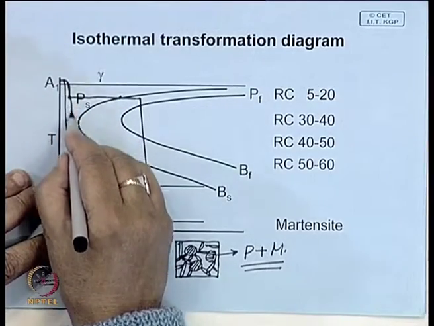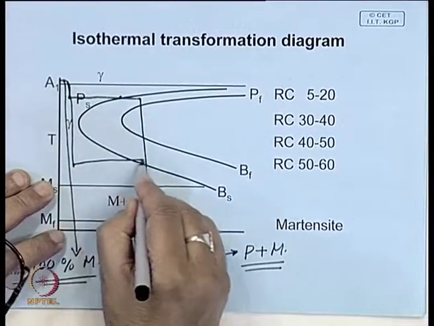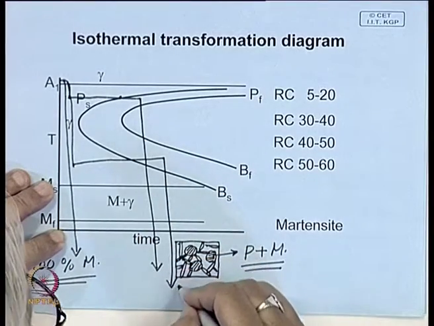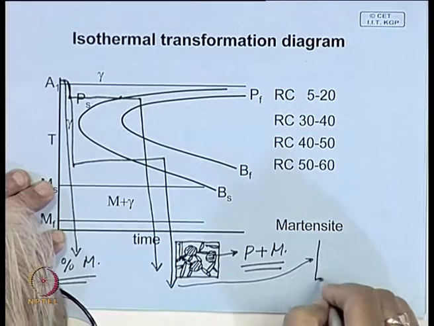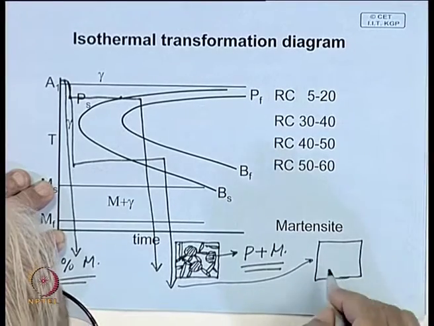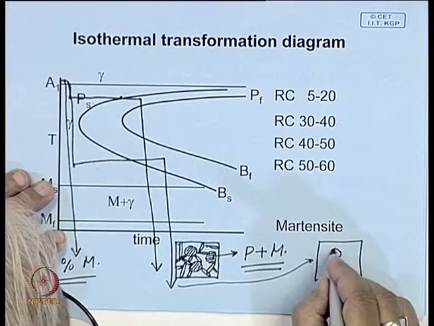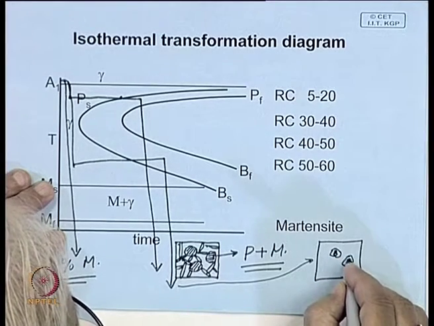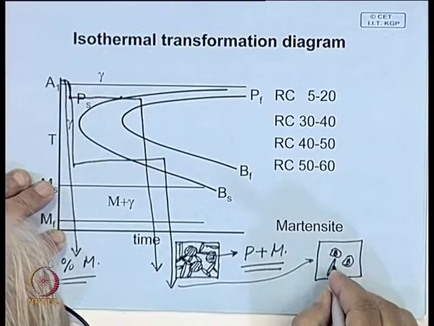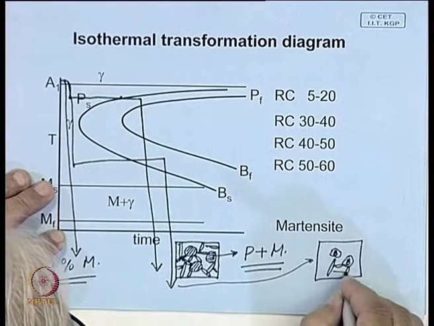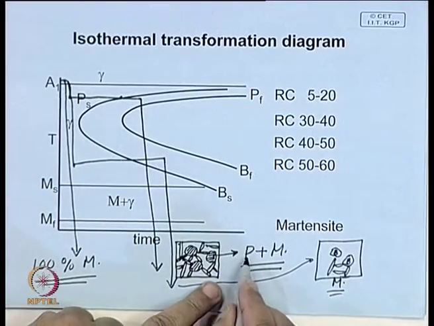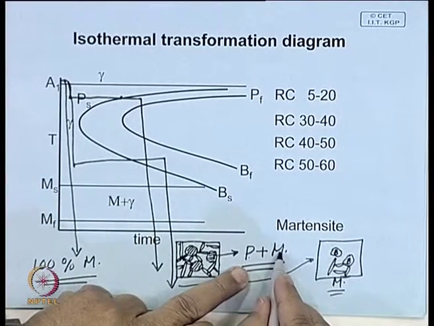Similarly, if you quench something here, hold it, and from here you quench, in this case the structure will be in the same way. You have colonies of bainite forming, and the rest portion will convert into martensite. So, the structure is a mixture of bainite and martensite.